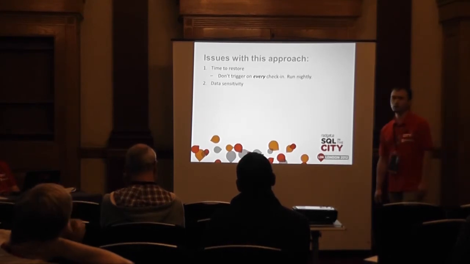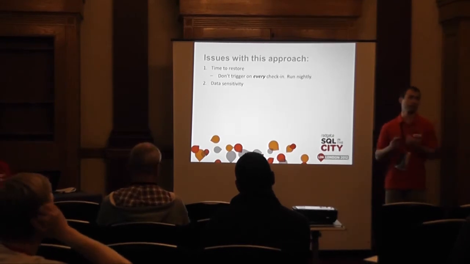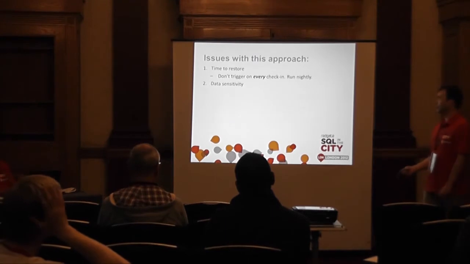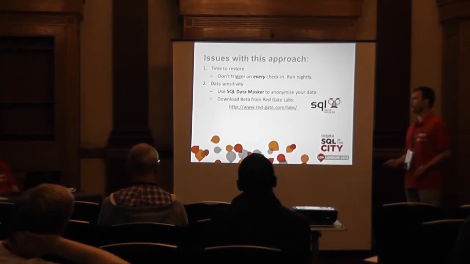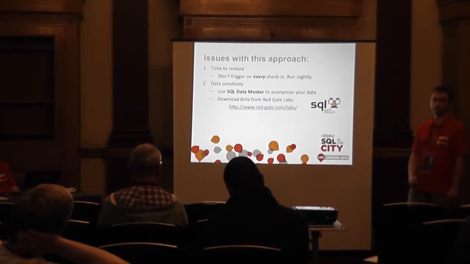Data sensitivity. Not everyone is allowed to take their production data and put it into their development environment for testing purposes. So what can you do there? We've got a tool in preview, so it's a beta. We haven't decided where to take it yet, and it's called SQL Data Masker. That can be downloaded from red-gate.com/labs.